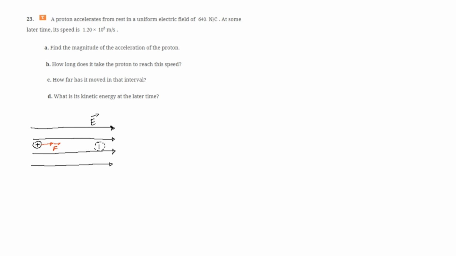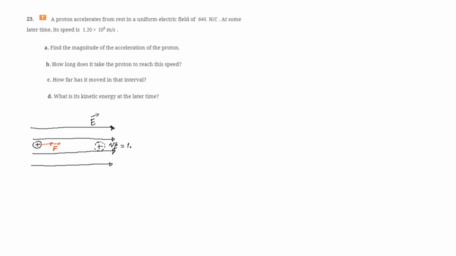What we know is that in this position, the speed of the proton, which we're going to call final speed, is 1.20 times 10 to the 6 meters per second.